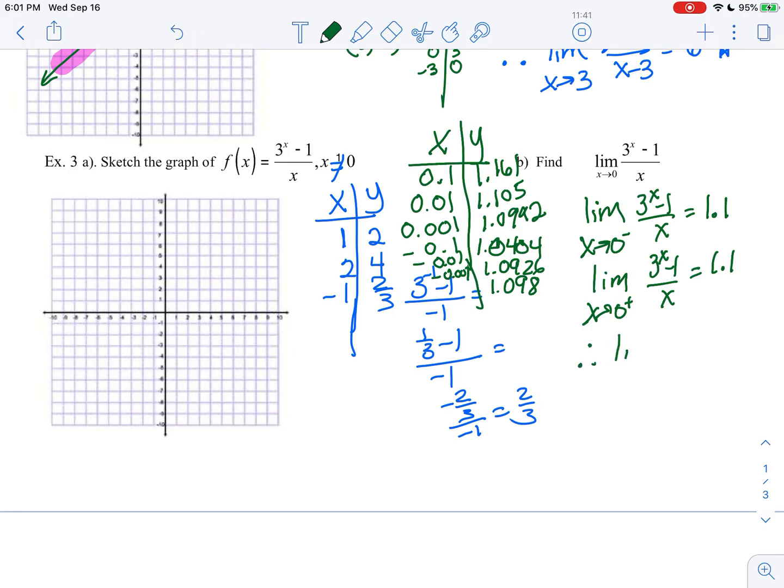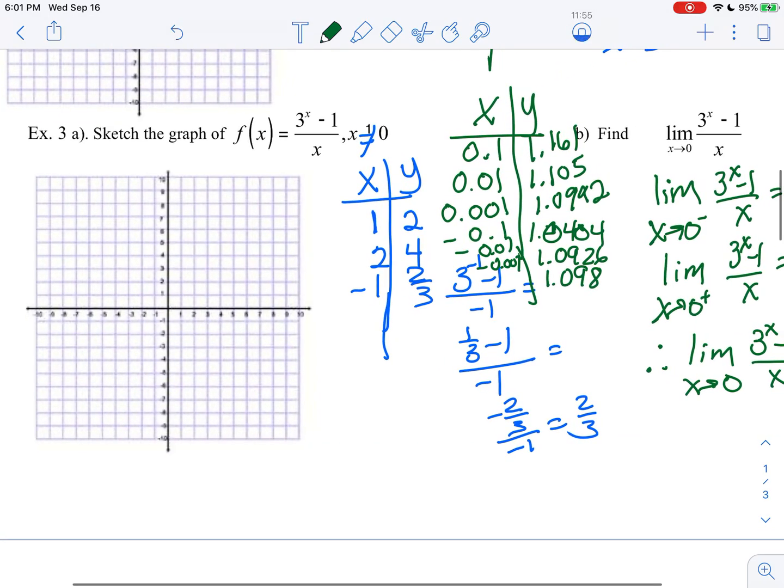Therefore, my limit as x approaches 0 of 3 to the x minus 1 over x is 1.1. So I'm kind of going to do this graphically and numerically. That's actually my hole, isn't it? Because at 0, it's not defined, because you cannot divide by 0 here.